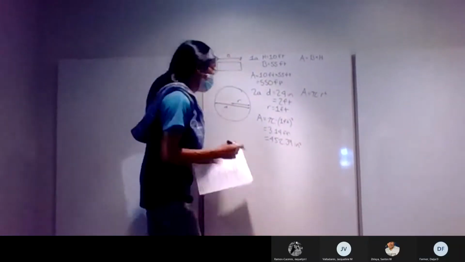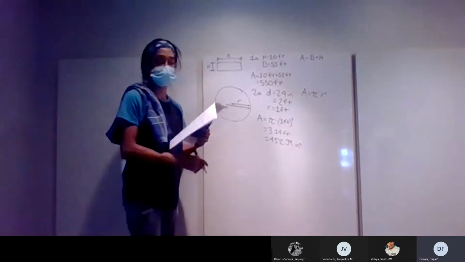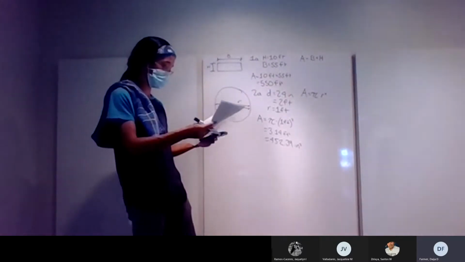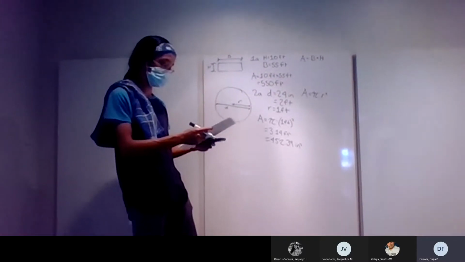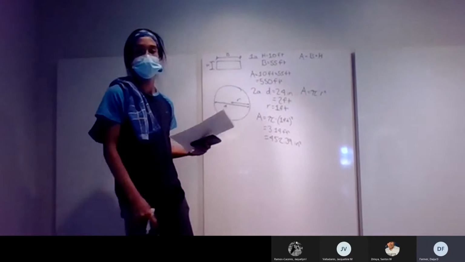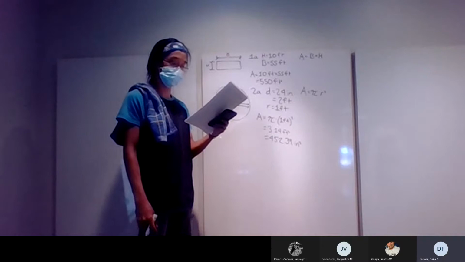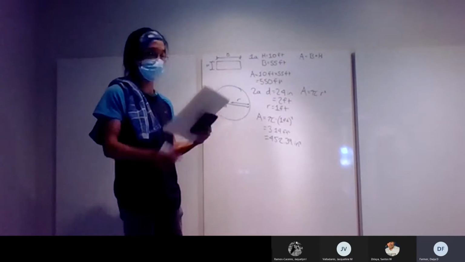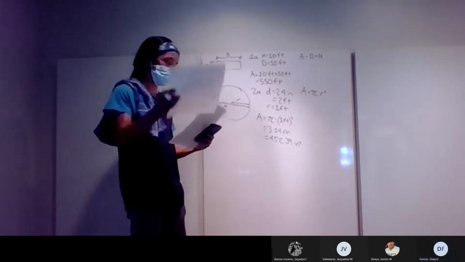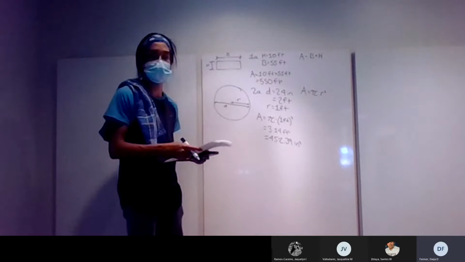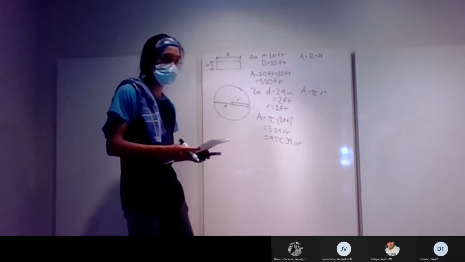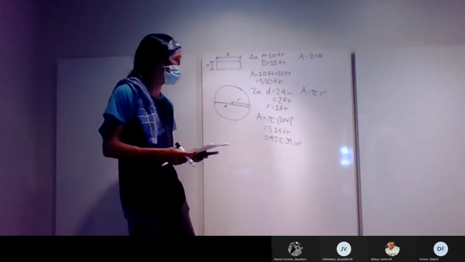It shouldn't matter. Like the next question, it says the radius is 1.7 feet. You would just do this squared times pi, and you get square feet. All right. Any other questions?